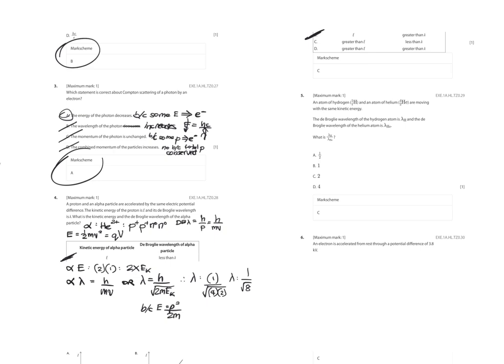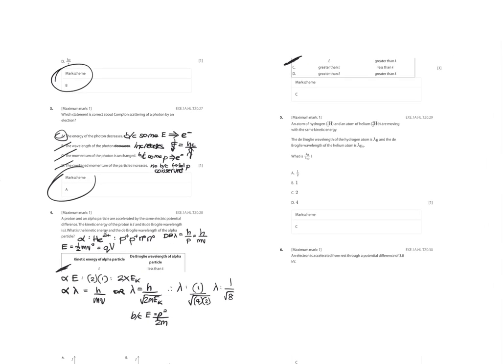Now, we don't have to really establish the 1 over radical 8. We just need to establish that the wavelength is either greater than or less than, and 1 over radical 8 is less than 1. So our alpha particle has a greater energy, but it has a smaller wavelength. It's a fraction of the wavelength of the proton.